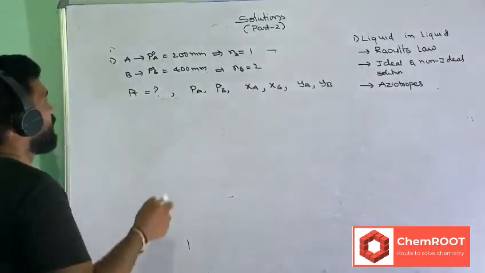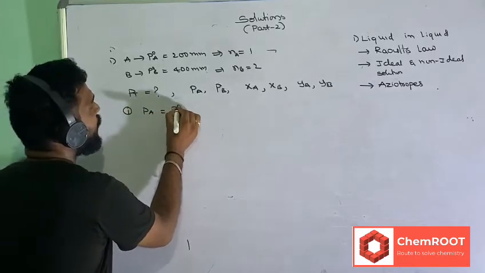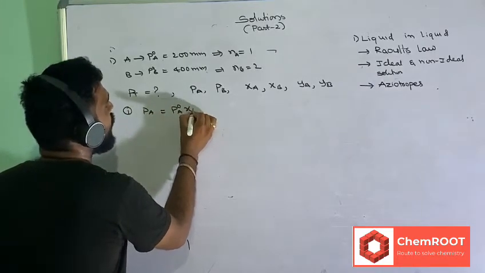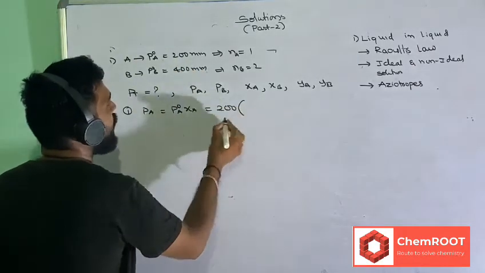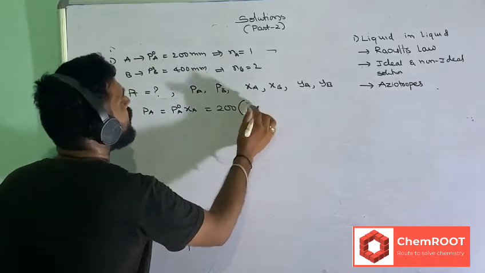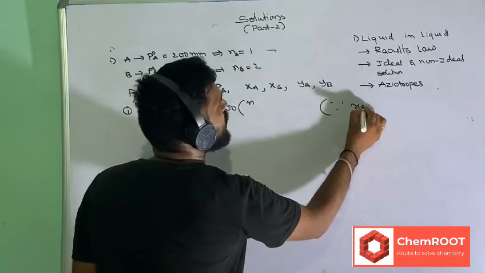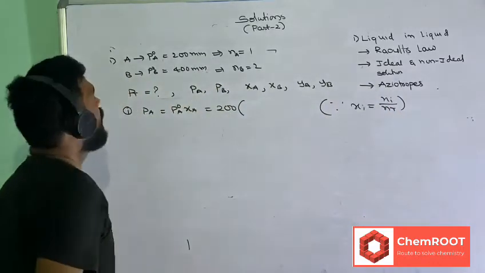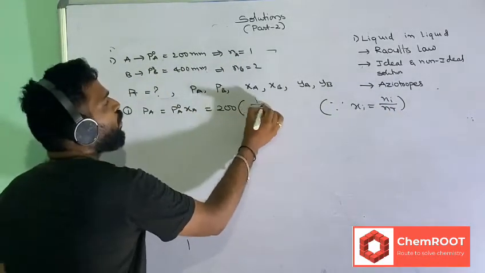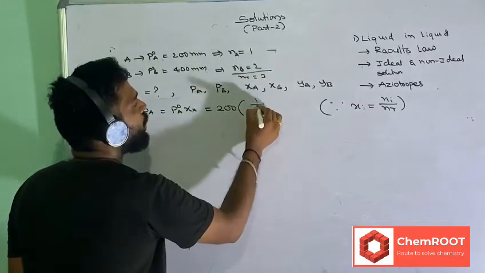So first we want to find PA. PA is equal to P naught A chi A. P naught A is already given, 200. Chi A is Na by N total, since we know chi is equal to Na by N total. How many A moles are there? 1 mole. Total moles will become 3, so 1 by 3.